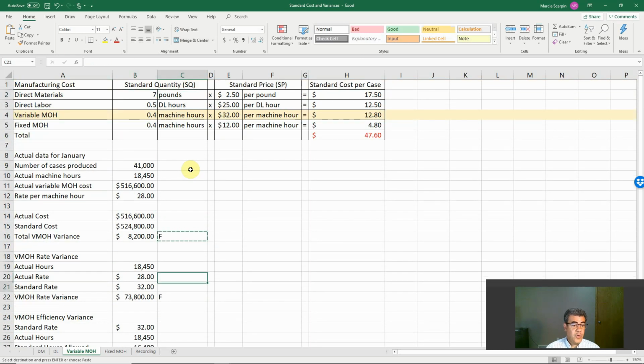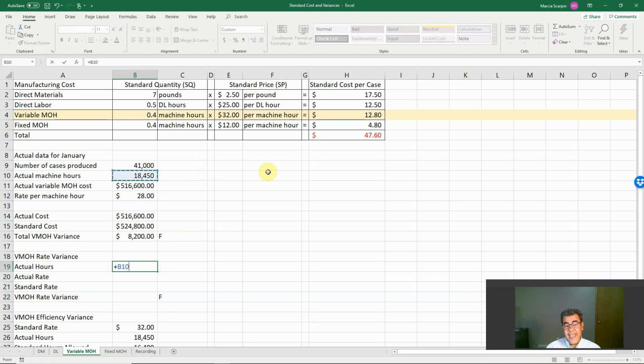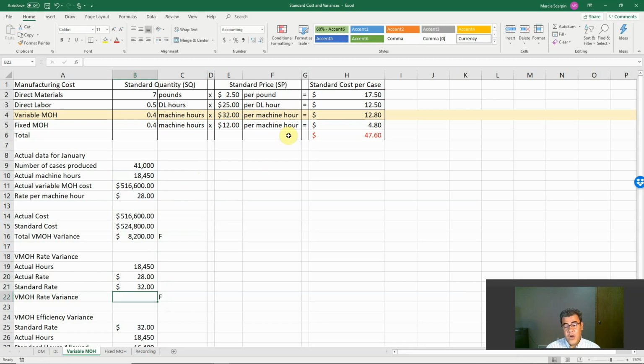So let's go to rate variance. How do we do it here? Actual hours, 18. Actual rate, 28. Standard rate, 32. Okay, it's favorable. How do we know how much?